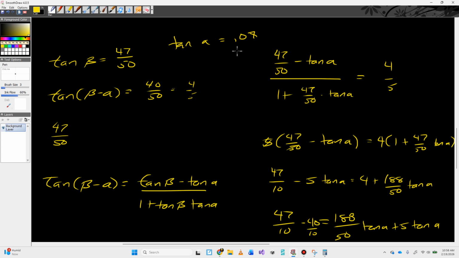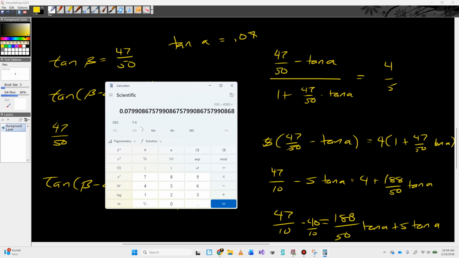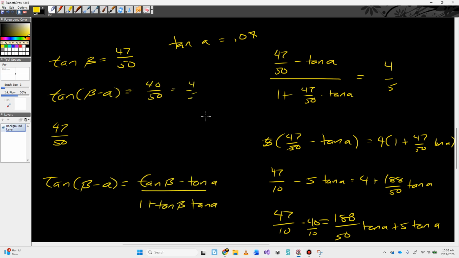So how do I get the angle? Well, I could do an inverse function of 0.08, and that is a radian. So let's make sure that I'm in radians. And I can do an inverse function for tangent, and I'll get 0.08 again.